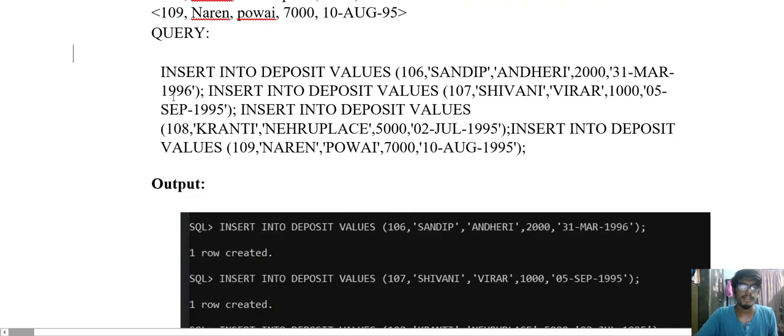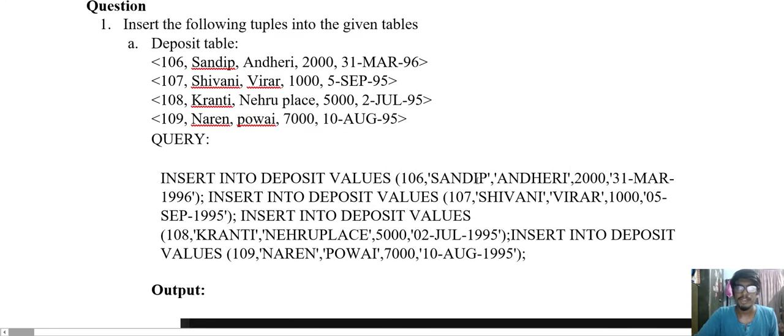So the query command is insert into deposit values of 106, Sanjeev, Dharampet branch, amount of 2000 and the date of 31st March 1996. I have to repeat this for four more names: insert into deposit values of 107 Shivani Vaira 1000 05th September 1995.